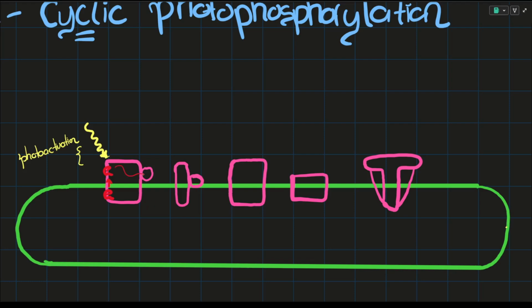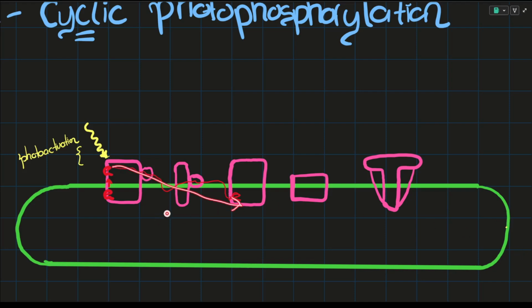So the electron will travel through these proteins, and all the way to photosystem 1. I might as well draw that near the edge. So here, right. Now, do you see? It's moving through all of these in this manner.